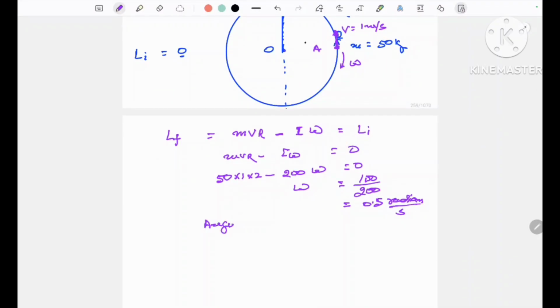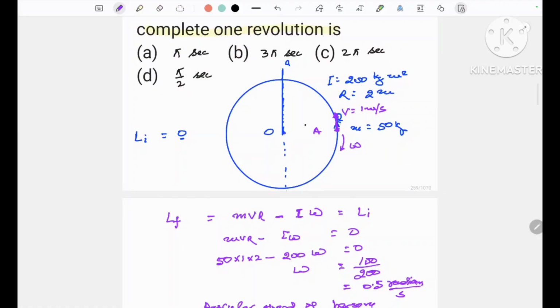Angular speed of the person, omega m, will be v by r, 1 by 2, 0.5 radian per second. So the man will move anti-clockwise and this platform will move clockwise.